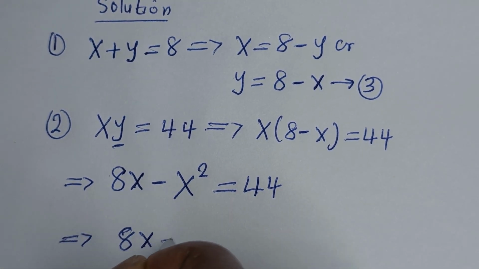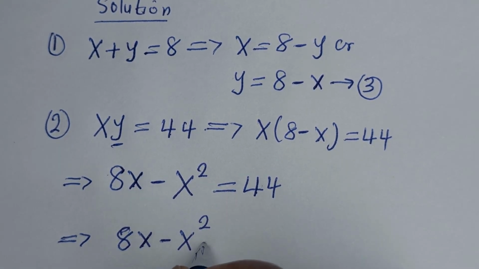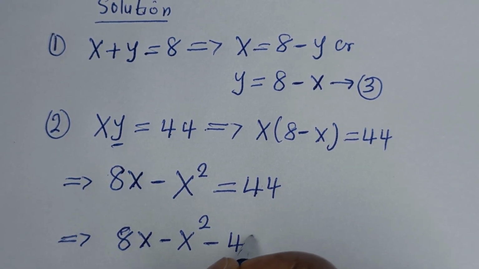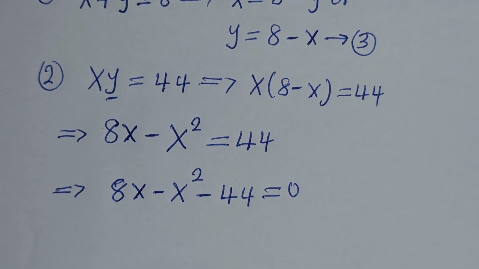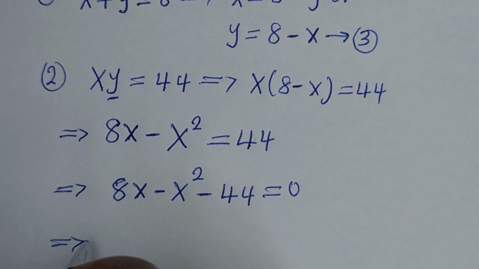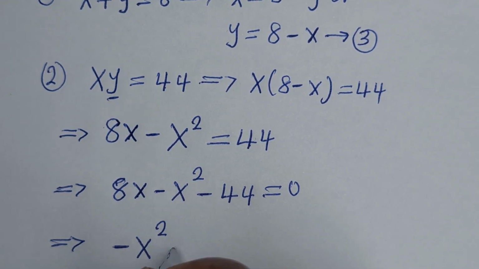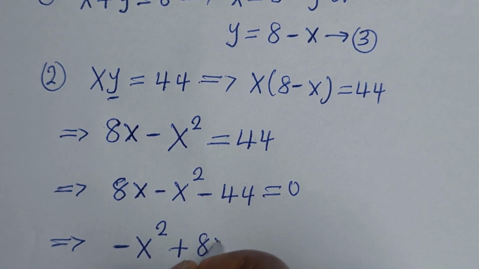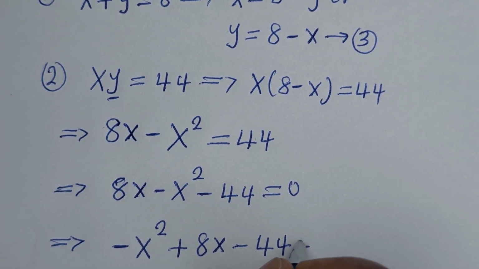8s minus s square. If you take this 44 to this side, it becomes minus 44 is equal to 0. This is minus s square plus 8s minus 44 is equal to 0.